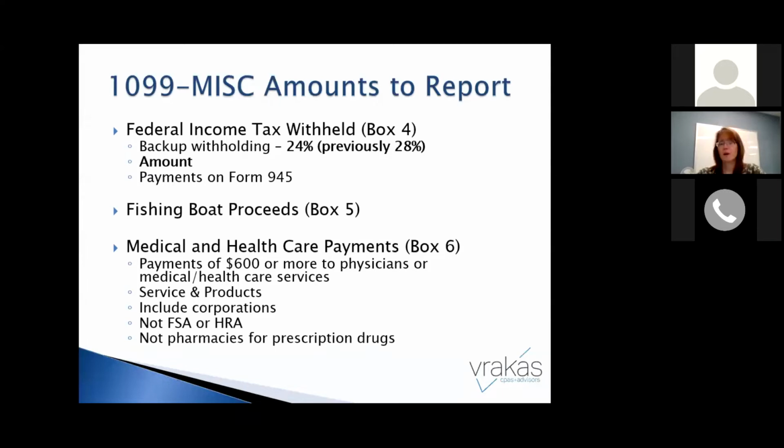The one that I run across frequently is when organizations pay for drug testing, or they pay for somebody's medical expenses, one of their employees, they have that self-insured medical plan, they're paying to another organization for those services and products, then you would issue a 1099 miscellaneous with box 6. And you would include it even if it's a corporation.